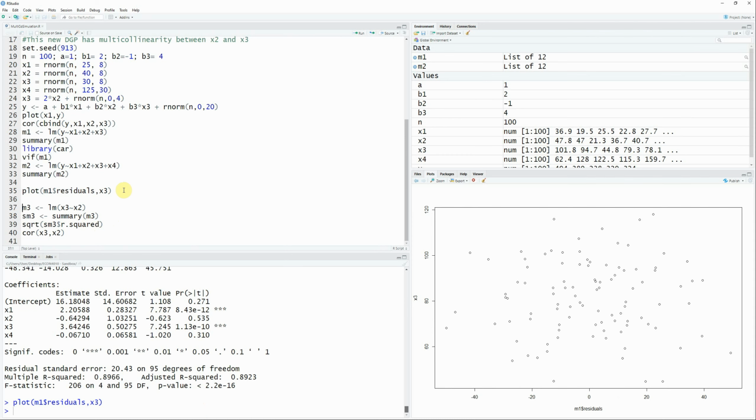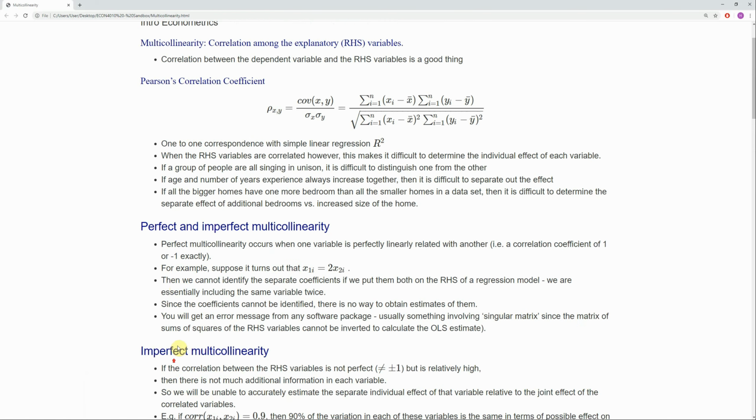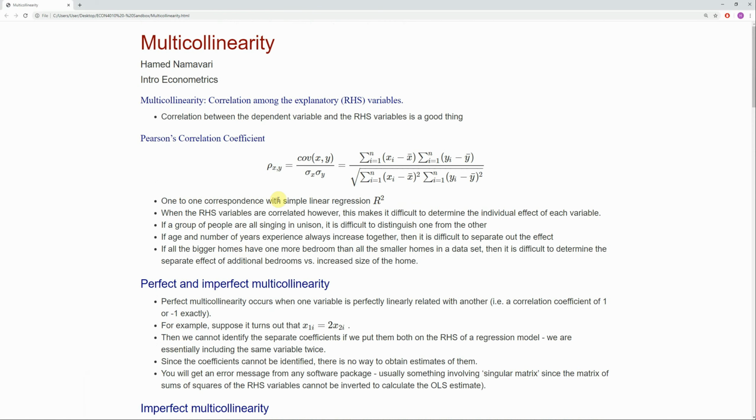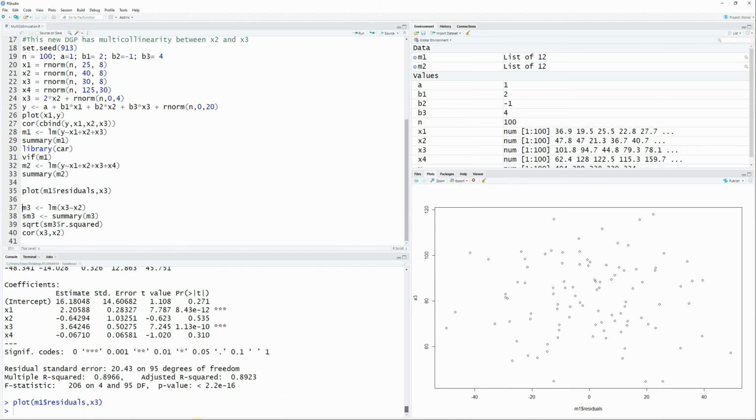So one other thing that we talked about was that when you calculate the Pearson correlation coefficient, that has a one-to-one correspondence with the simple linear regression R squared. So in simple linear regression, we just have two variables.